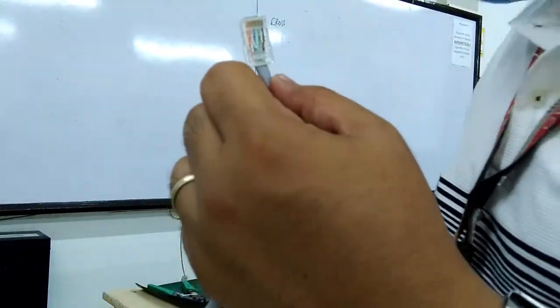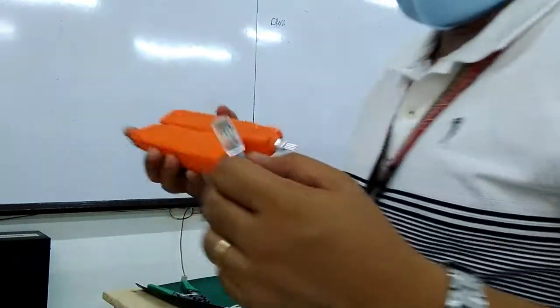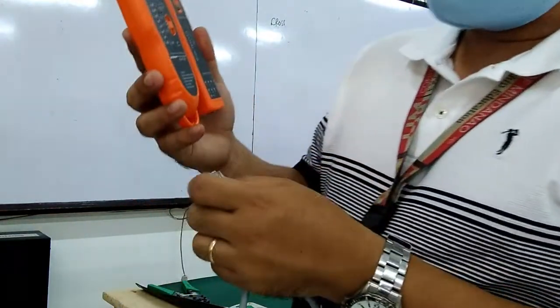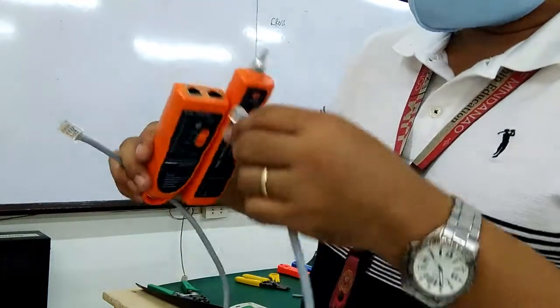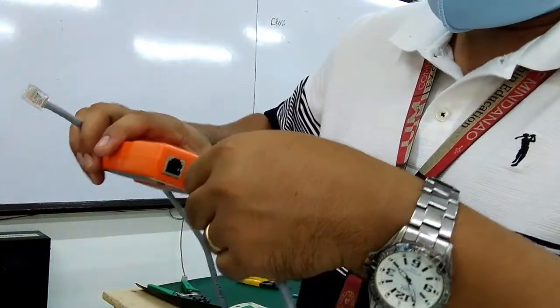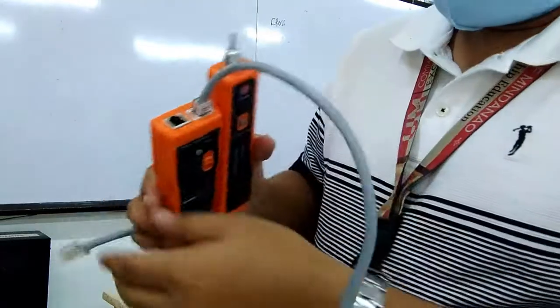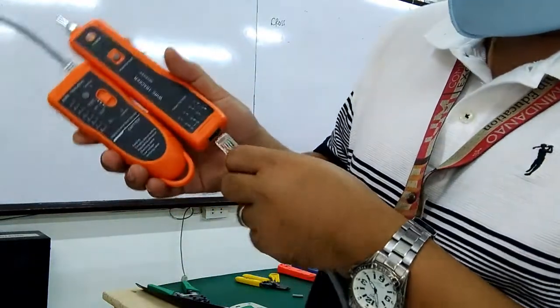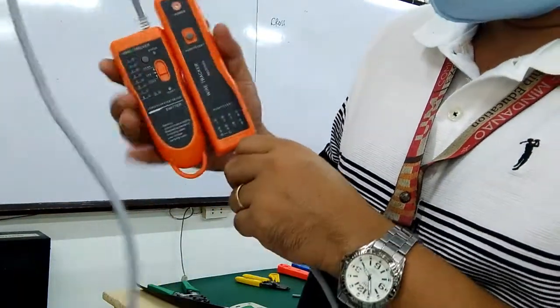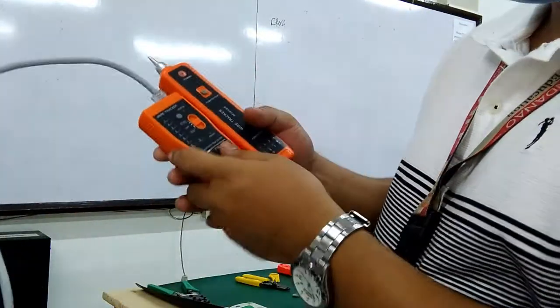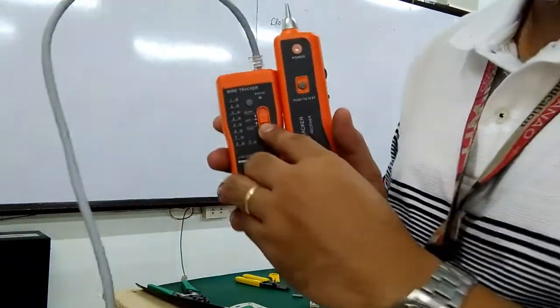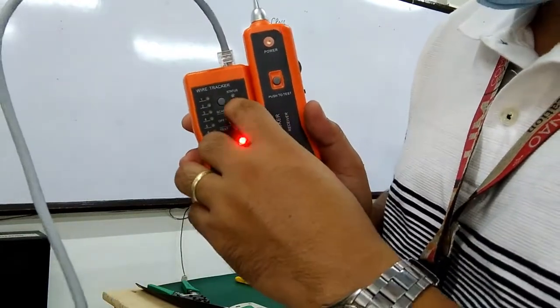Now let's check using our wire tracker, or it could also be our cable tester. We insert it here on one side, and also on the other side, and then we select test.